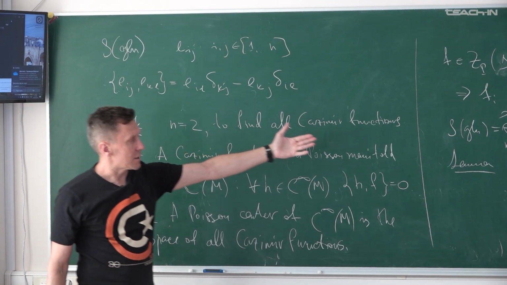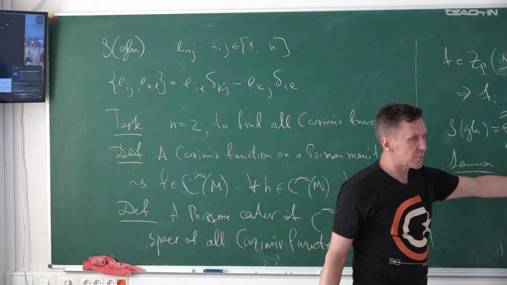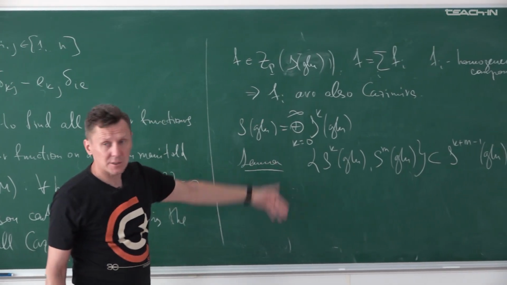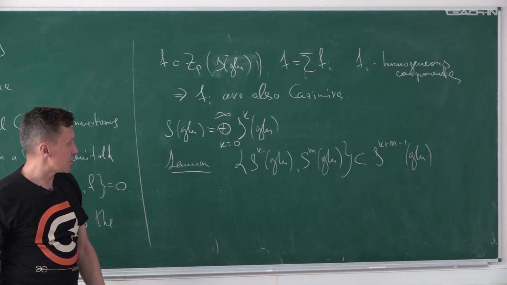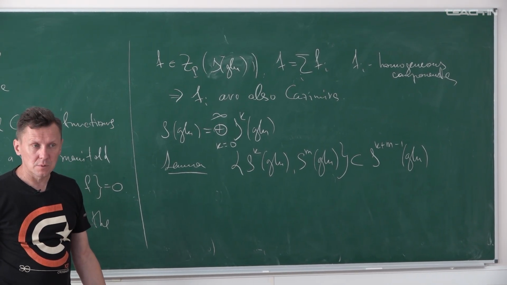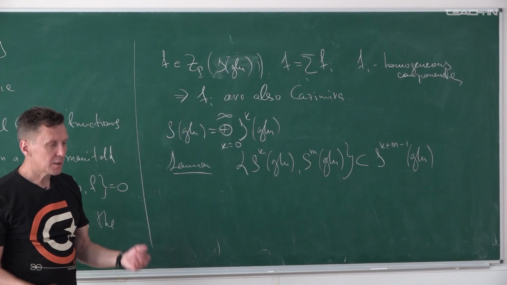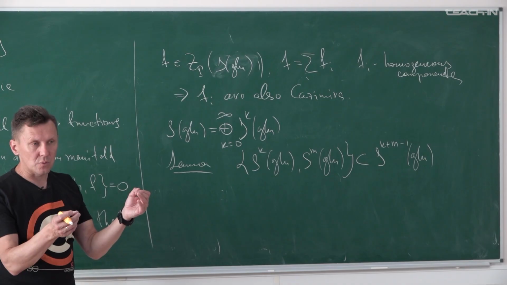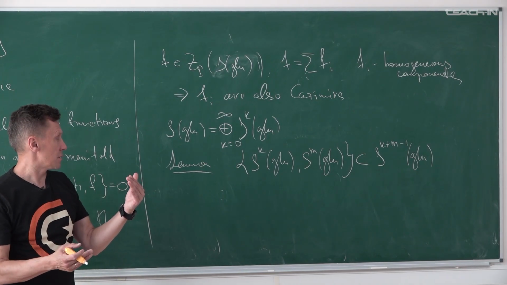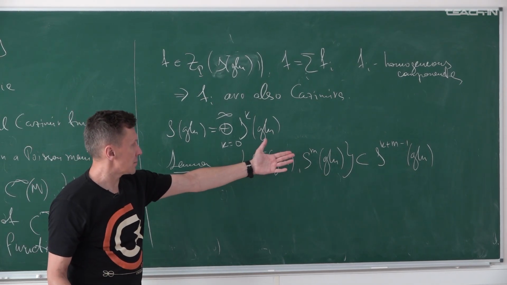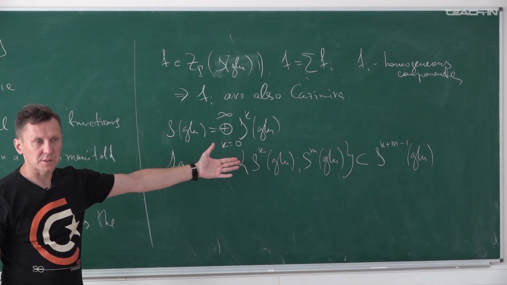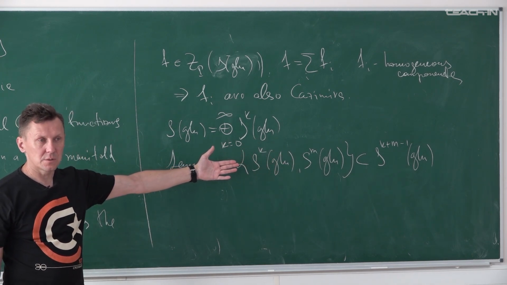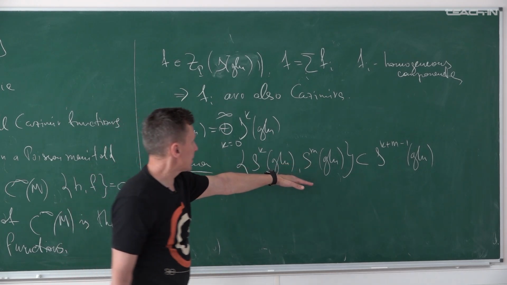Then this proposition can be proved by induction using the Leibniz rule. When in the Leibniz rule you apply the Poisson bracket, you always make these calculations on the degrees. Okay, so it's quite evident.